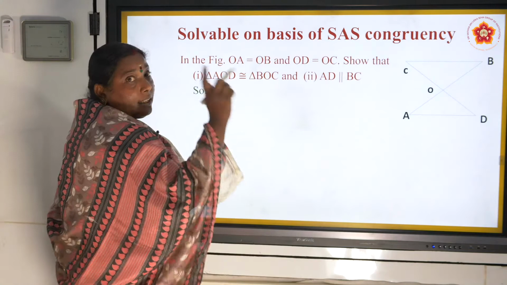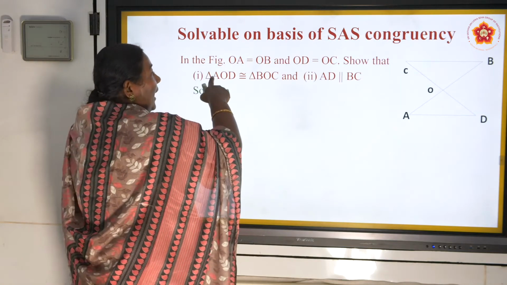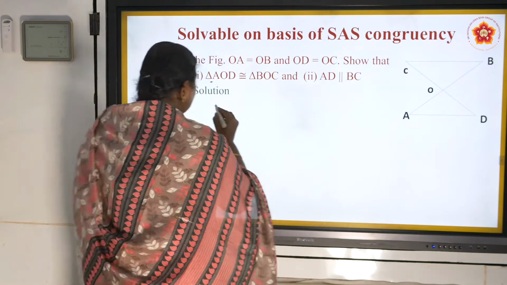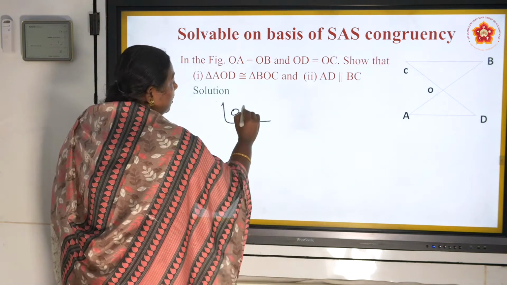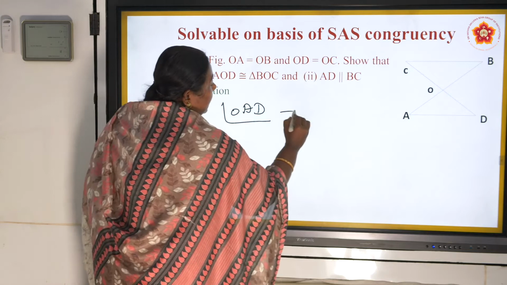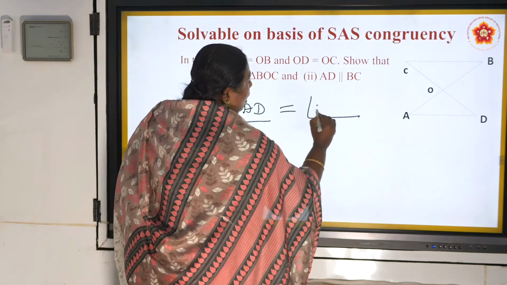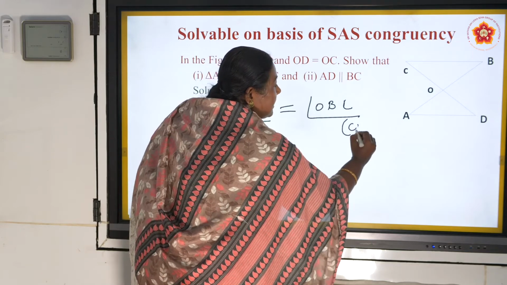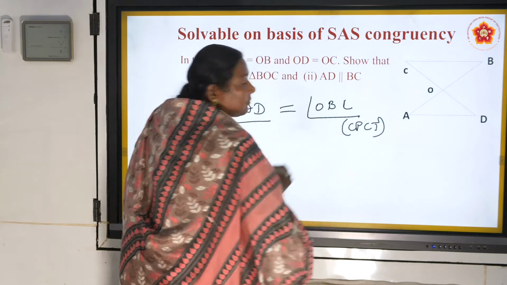So now, according to triangle AOD congruent to triangle BOC, we got angle OAD is equal to angle OBC on the basis of CPCT.